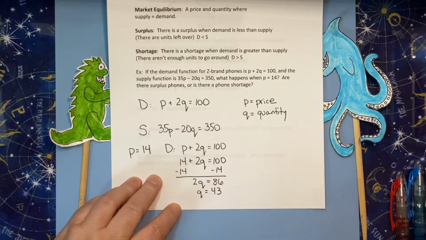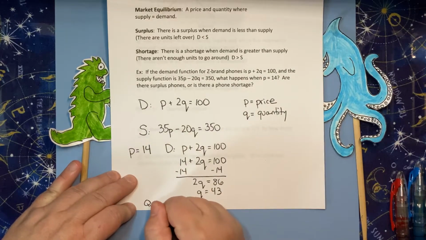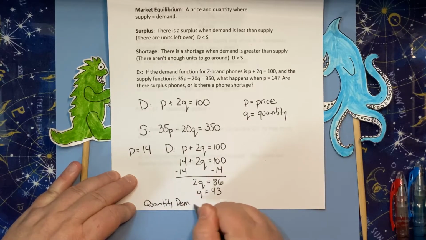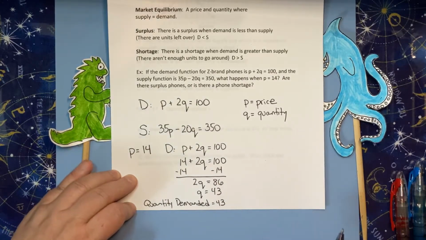I divide both sides by 2. So the quantity demanded is 43. So far, so good?